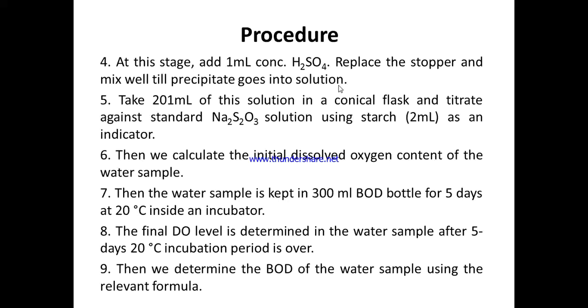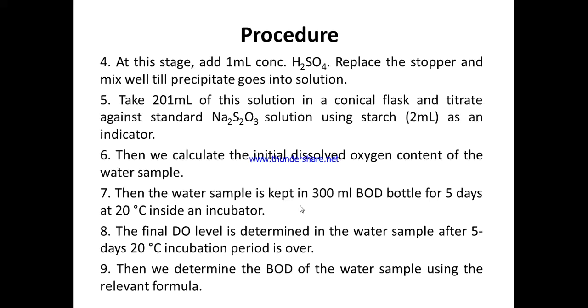Okay, and then we will do calculation to find out the initial DO. Initial DO find out करने के बाद we will store basically. हमने वाटर सैंपल में DO लेवल डिटरमाइन कर लिया ना, इनिशियल DO कितना हमने डिटरमाइन कर लिया. ठीक, then we will take the water sample, okay, we will store it in the incubator for 5 days at 20 degree centigrade.